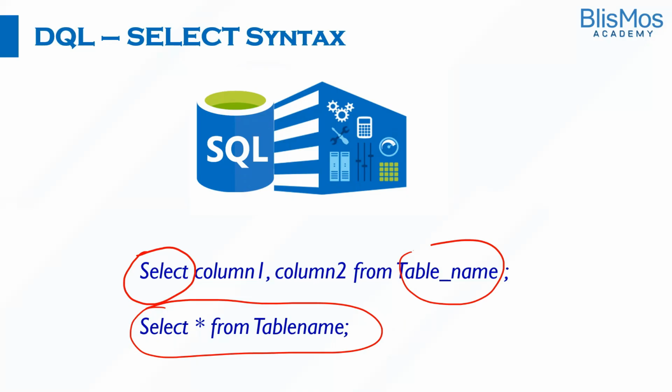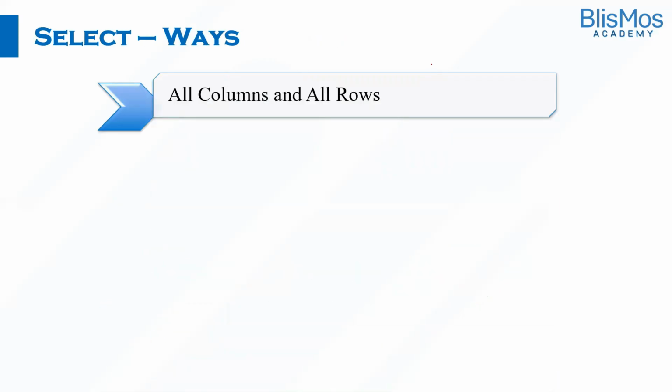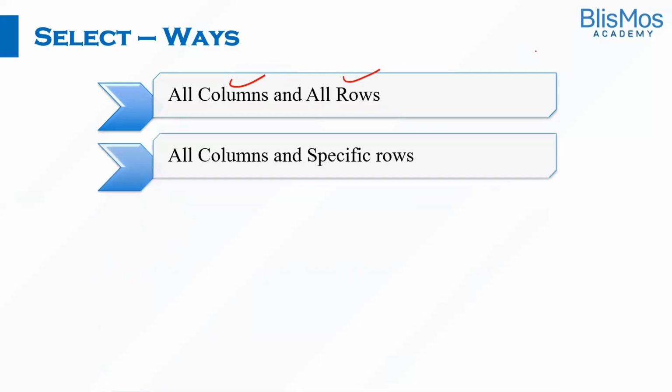Yes, it is. You may be wondering, there may be various ways of retrieving the data from a table in a database, right? Yes, there are. Let us look at what the different ways are. We can retrieve or select all the columns and all the rows from any database object. We can retrieve all columns and specific rows from a table.